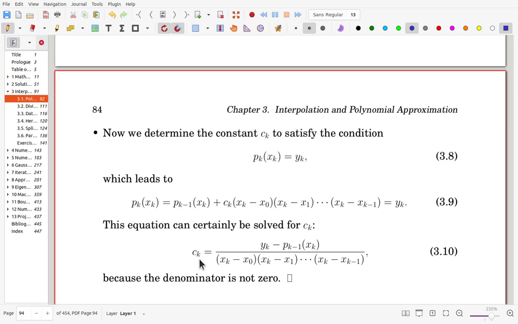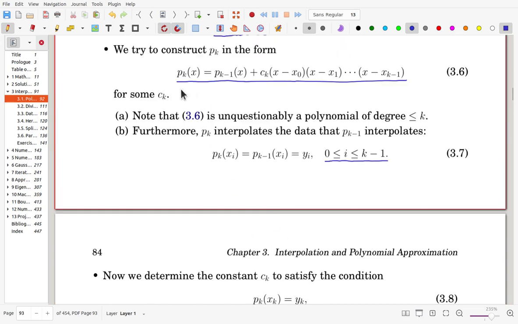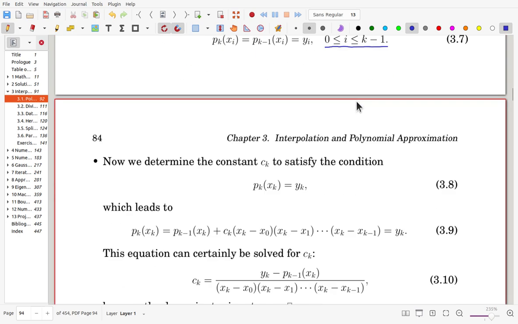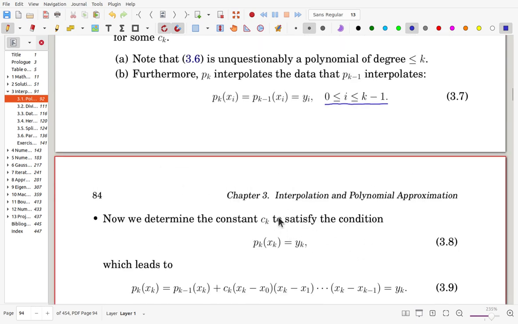With this computation, now we found pk, which will pass the extra point xk, yk, because we chose ck such that pk at xk is yk. So for all the points from x0 to xk, the pk will pass all the points, so that is the kth level polynomial.